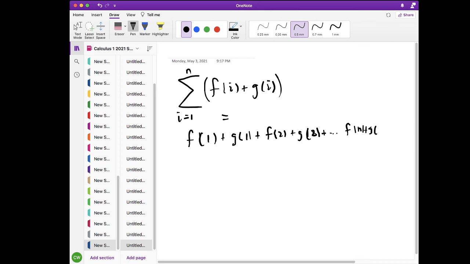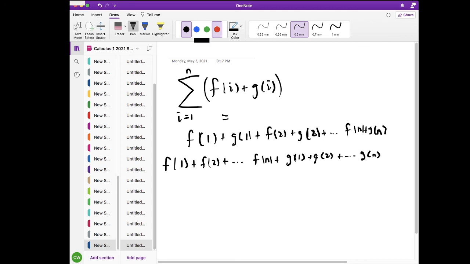So now, this is just a normal sum. Now we can use the commutative property of addition and write it this way, f of 1 plus f of 2 all the way to f of n plus g of 1, g of 2, all the way up to g of n, right? I didn't change anything.